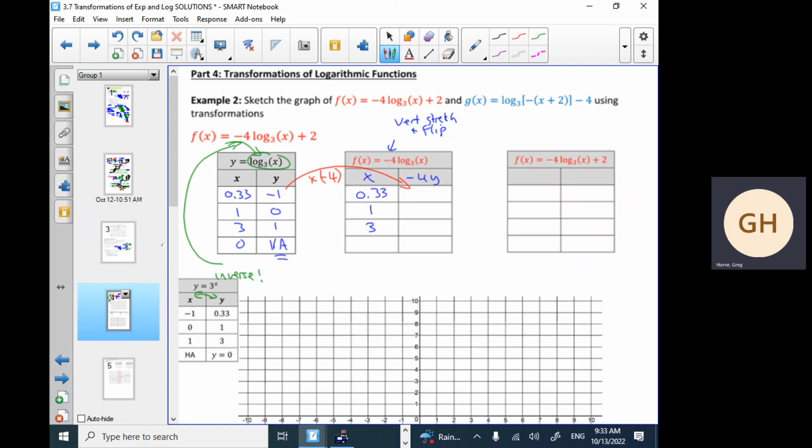So it's going to be +4. And then we have 0 times 4. We have the 1 times the -4. And there we go. Right? So our vertical asymptote is x equal to 0. I like how that vertical asymptote x value is 0.